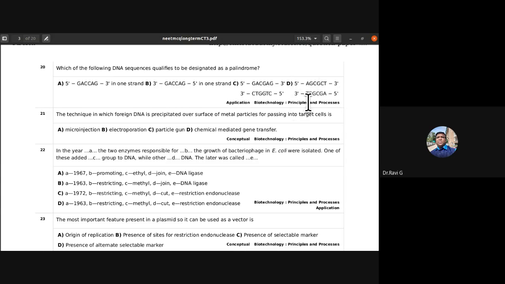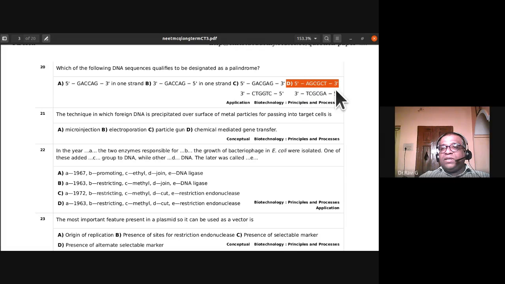Yes, this is the right answer because they have complementary base pairs. So it reads the same from 5' to 3' in both the strands. AGC-GCT, from 5' to 3' AGC-GCT. So D is the right answer. Okay.